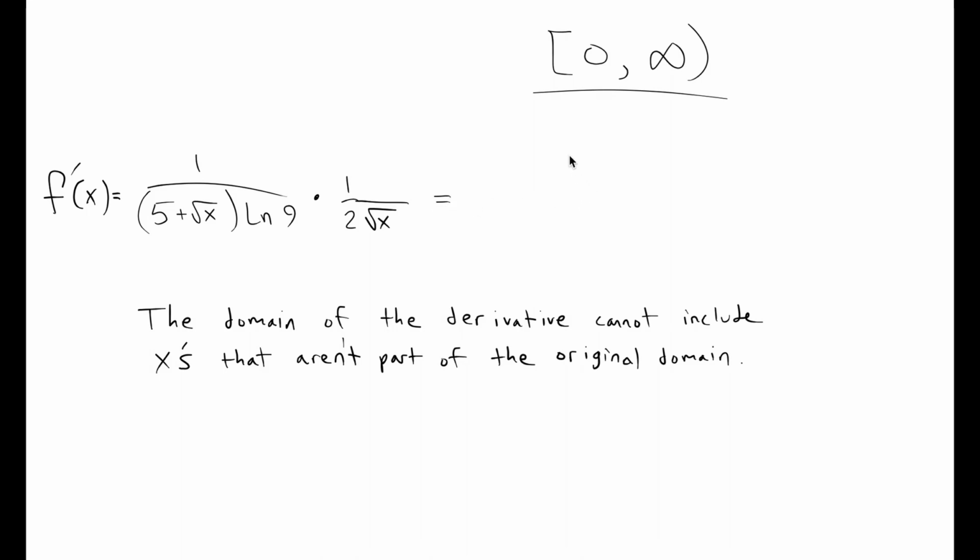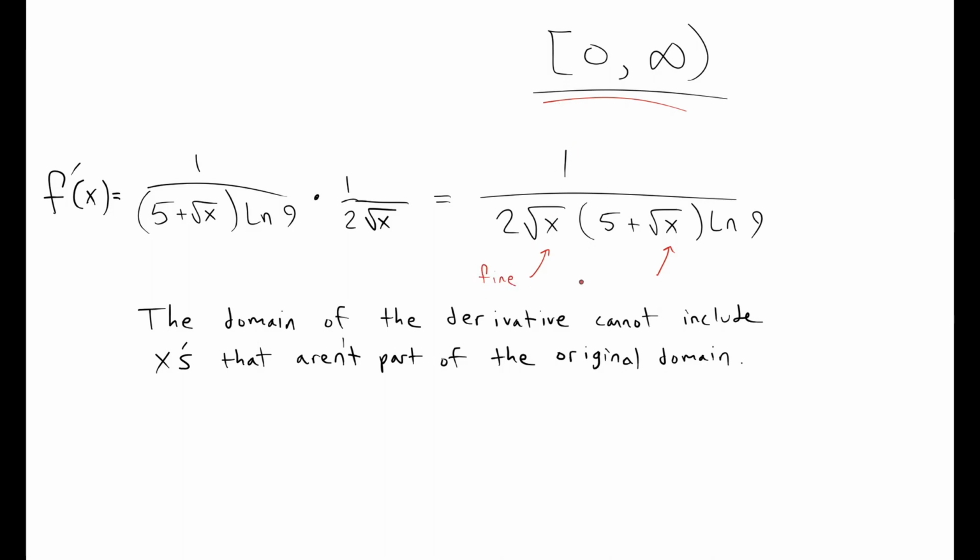So if we combine this, we'll get 2 radical x times 5 plus radical x ln 9. We see that x cannot be less than 0 here and here, but we already have that taken care of. There are no x's in the original domain that are less than 0 anyway.